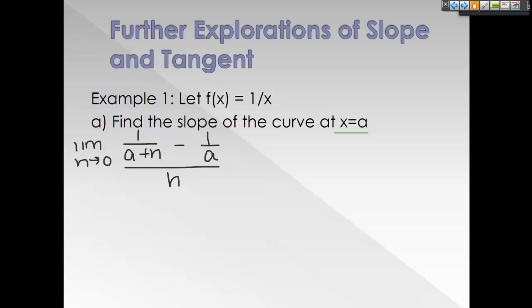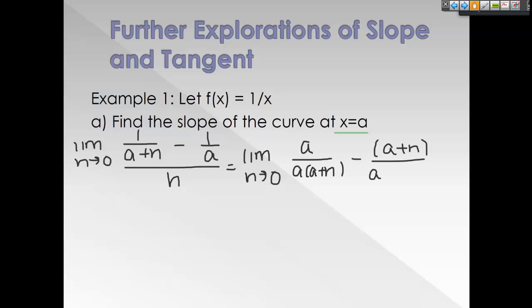You need the common denominator. So we multiply the first fraction by a, so you get a over a times a plus h. The second fraction by a plus h, so we get a plus h over a times a plus h, all over h. And again, we don't want a fraction over a fraction, so we'll multiply by 1 over h.